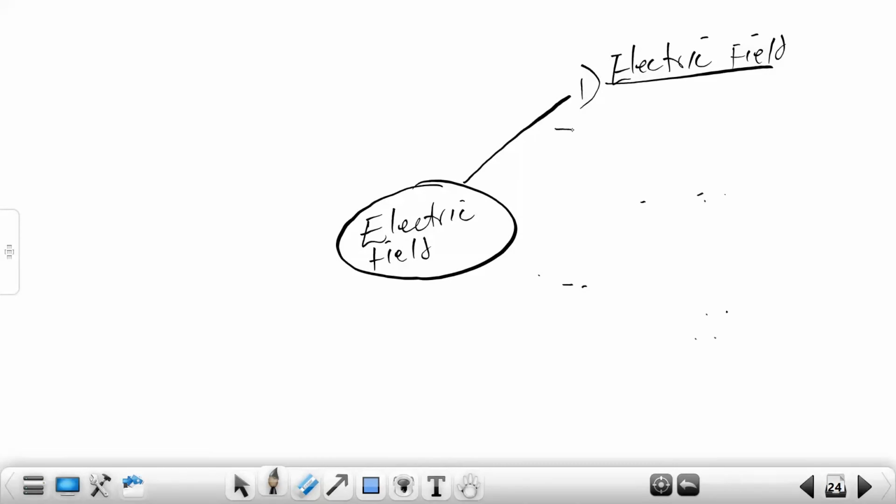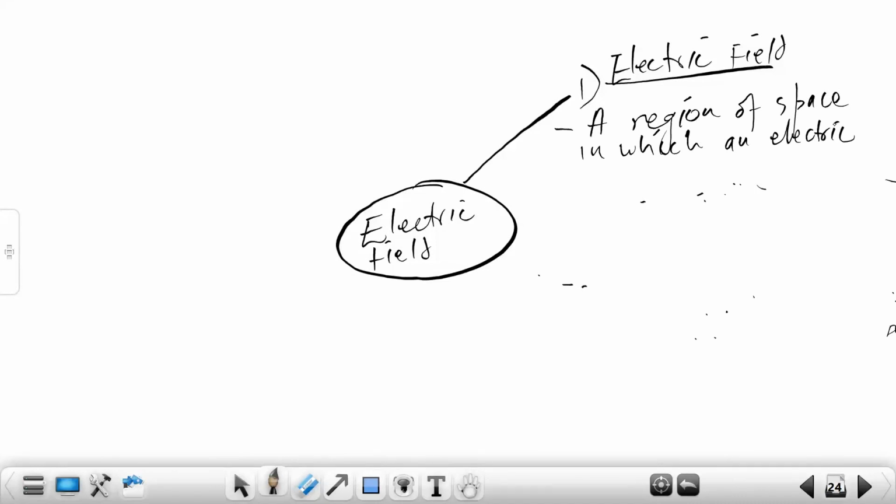So an electric field is defined as a region of space in which an electric charge experiences a force, or not forces, but a force.